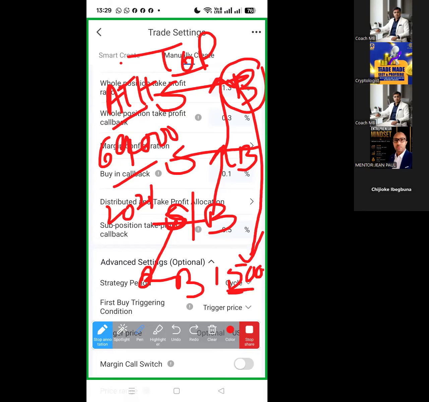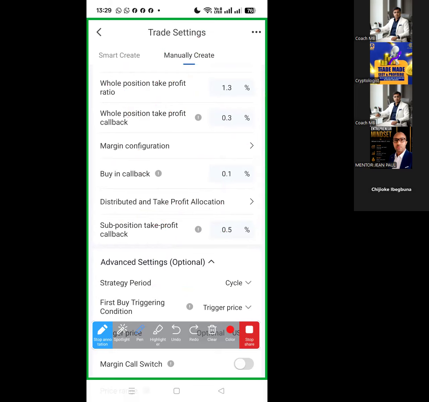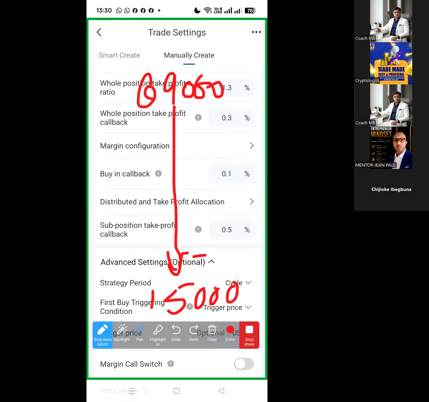So can you imagine one person who bought this coin at $69,000? Now he sees that the price is $15,000. He cannot buy more, he cannot sell here. He can only wait for the market to come back.